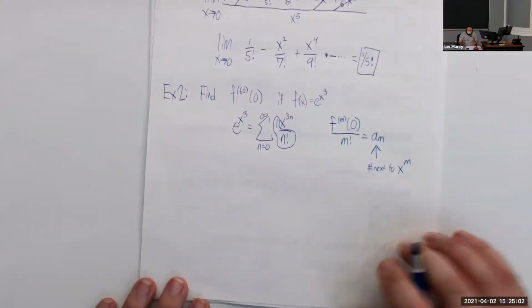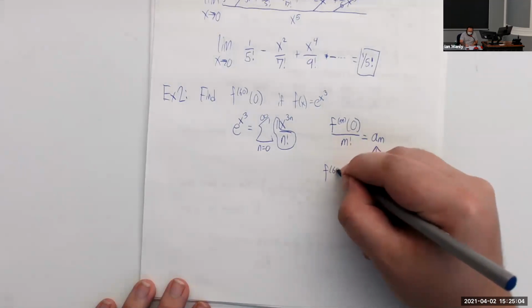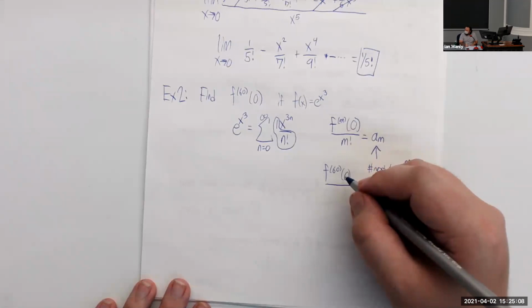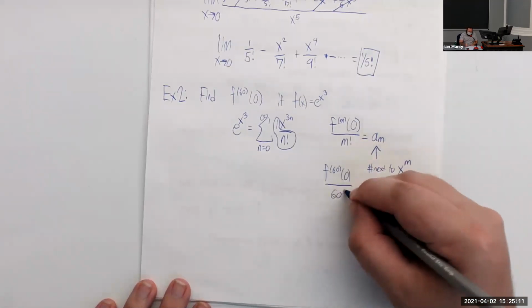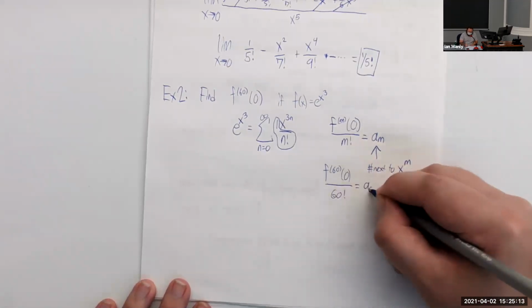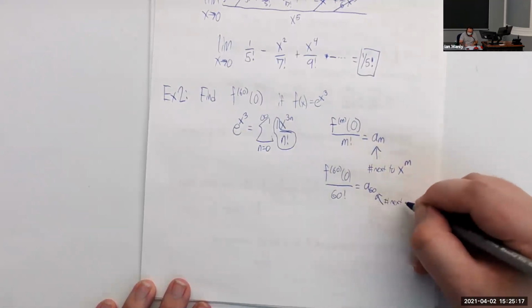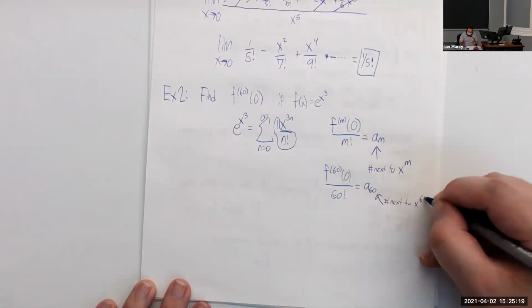So if we want to know what the 60th derivative at 0 is, we would plug 60 into here, and then we have 60 factorial is a sub 60.